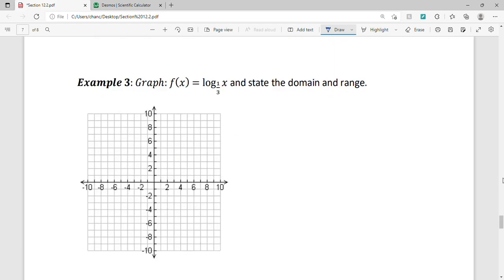In example 3, we're going to graph log base 1/3 of x, and we'll also state the domain and range. Now for this question, we'll do the same process. We'll rewrite this as y equals log base 1/3 of x. Translate this as an exponential. The base is 1/3 and the power is y. 1/3 to the y is going to give us x.